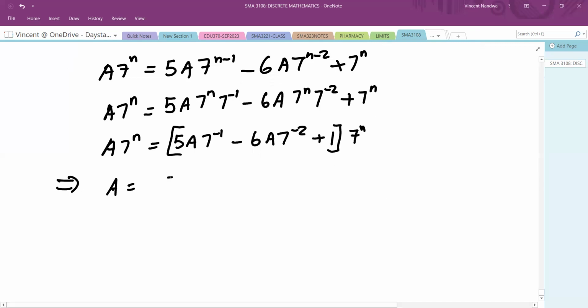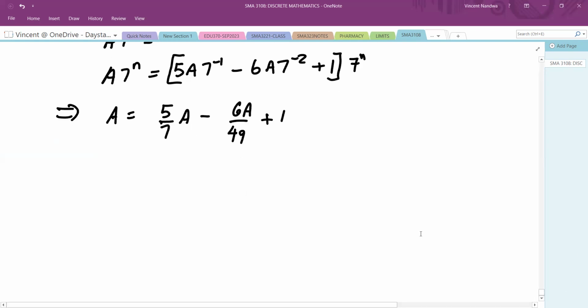So A equals, remember 7 raised power negative 1 is the same as 1 over 7. So the same as 5A over 7 minus 6A over 7 squared, which is 49, plus 1. Now I can simplify this equation by multiplying each term by 49.